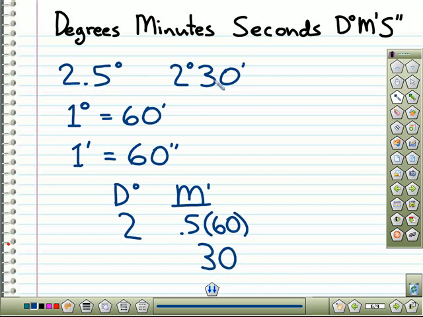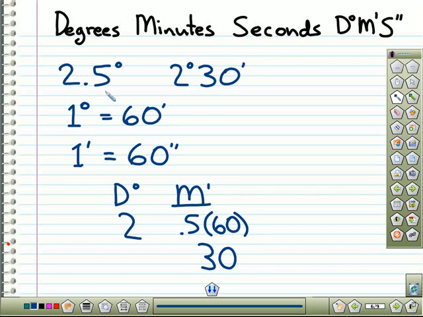Okay. Here's what we have. We have 2 whole degrees. Now what this decimal tells us is we have a fraction of another degree. That fraction, this 0.5, means it's half. So here's where we make the conversion. We want to know, what is that in terms of minutes? Half a degree is how many minutes?